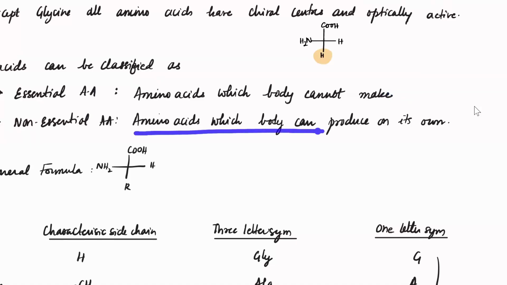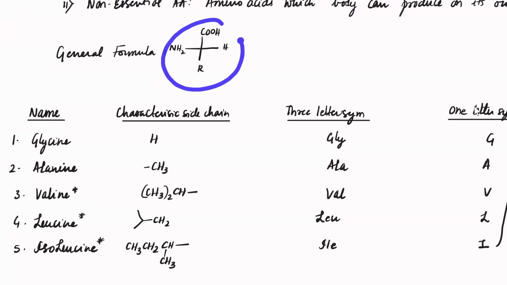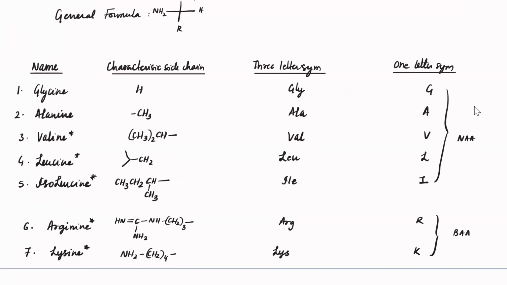And amino acids which the body can produce on its own, we call non-essential amino acids. You can see this is the general formula of amino acids. On this general formula, if I simply change the R with some new group, you would be able to find various amino acids.